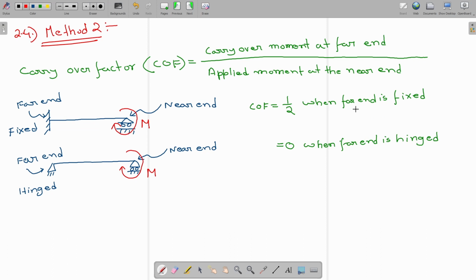This is important. Far end fixed, far end hinged.